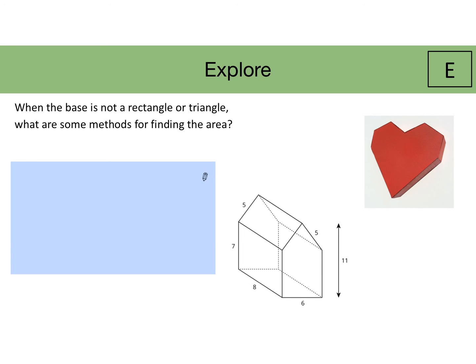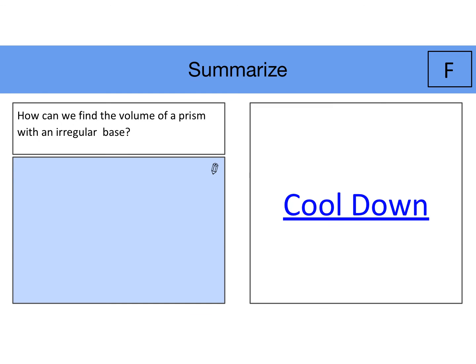That way, these exchanges can strengthen students' mathematical language use and reasoning about prisms. Essentially, students are going to hopefully take down what they listen to and write it down in their summary. You can have students proceed with the cool down.